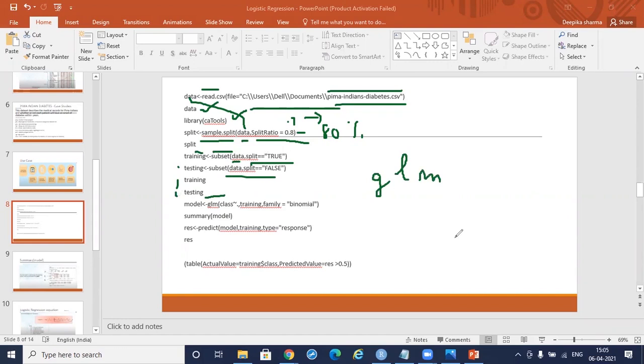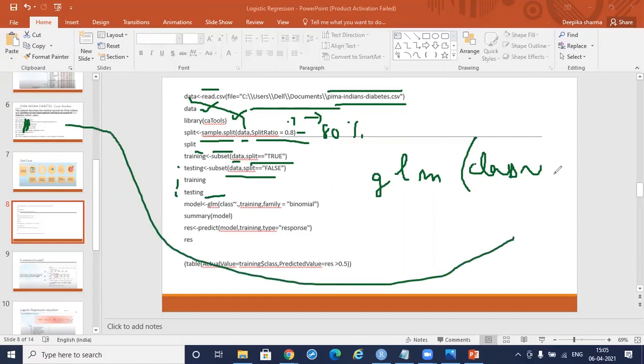This we have to take, and inside it we have to specify the Y variable, the class, which we need to predict as 0 or 1, or yes or no. And because the PIMA Indian diabetes data has many input variables and I want to use all of them, I can simply give just a dot, which represents all the input variables.